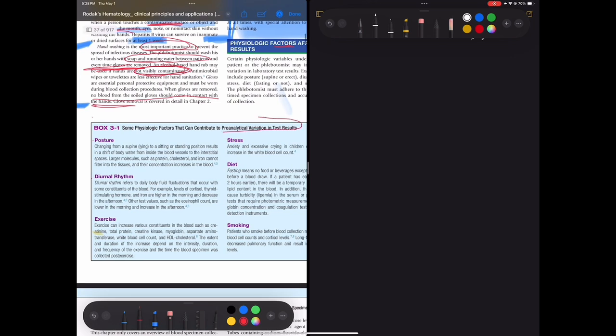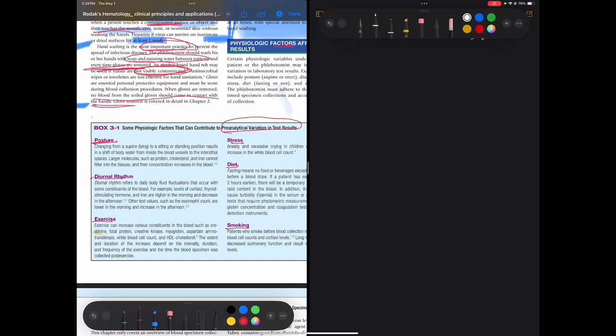So here are some, not everything, that can contribute to pre-analytical variations in results. There is the posture, diurnal rhythm, exercise, stress, diet, and smoking. So posture, protein, and cholesterol will differ with the values.